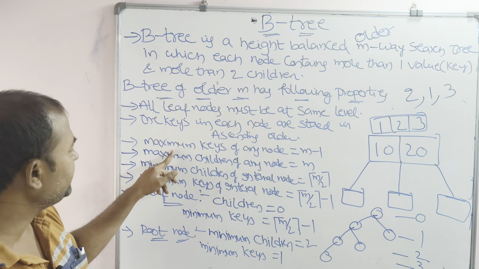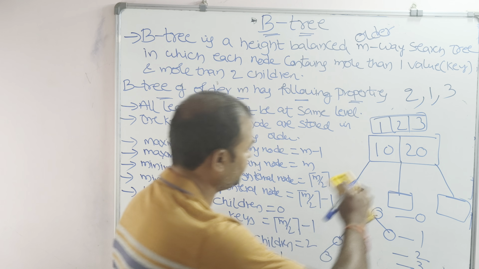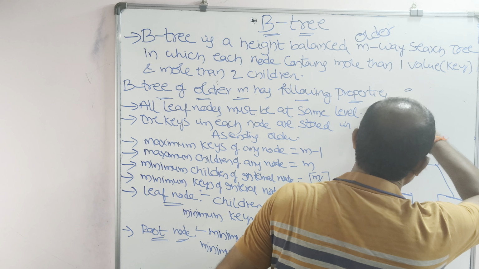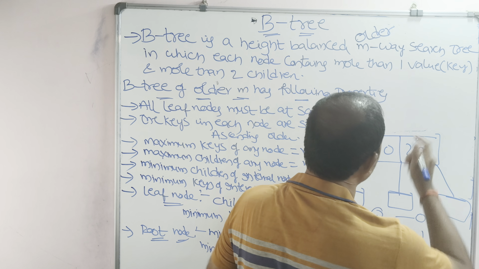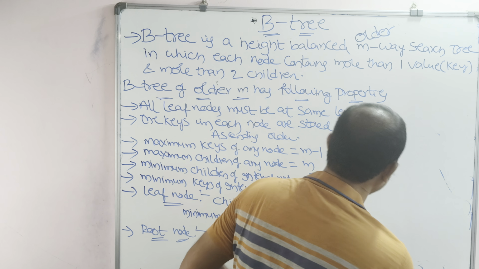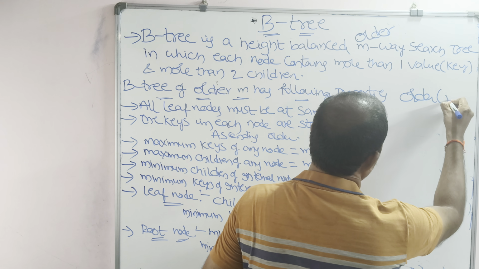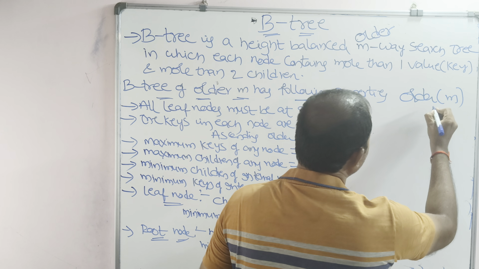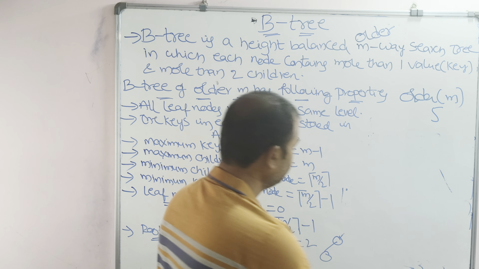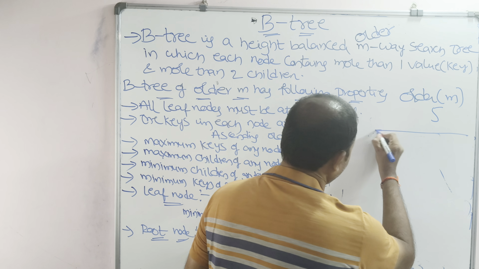Next, third property, the maximum keys of any node are m-1. So let us take the order. Order is denoted by m. Let the B tree order be 5. Then in each node we can store 4 keys.